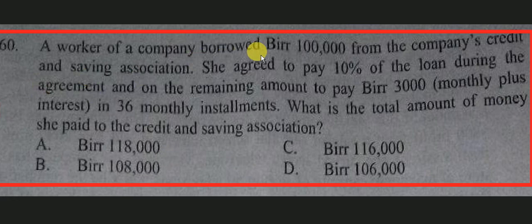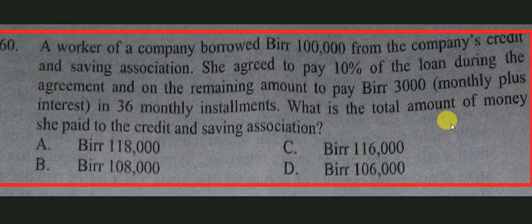A worker of a company borrowed 100,000 from the company's credit and saving association. She agreed to pay 10% of the loan at once, according to the agreement, and 3,000 each month for 36 months.